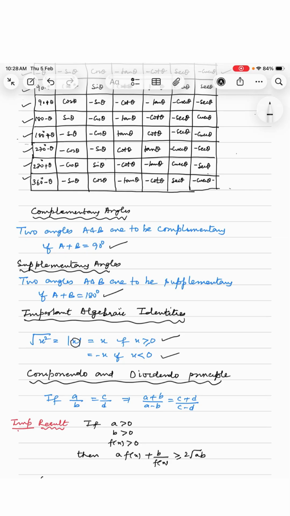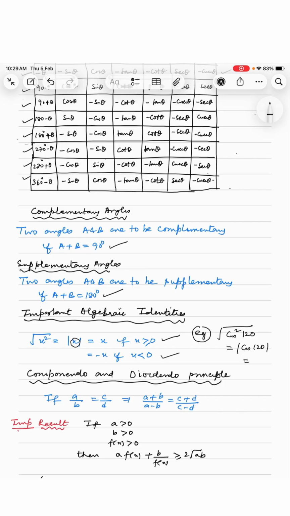Very, very important point. For example, root of cos square 120. We should write it as mod cos 120. Modulus of cos 120.